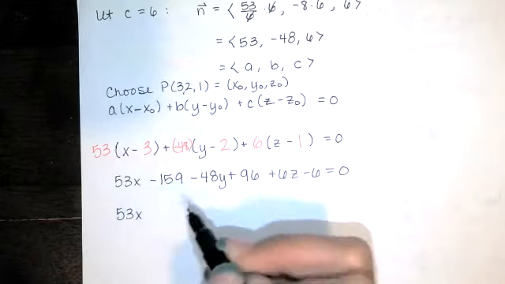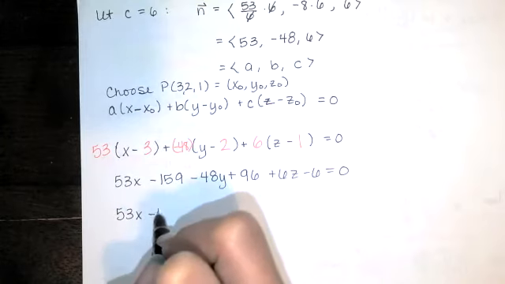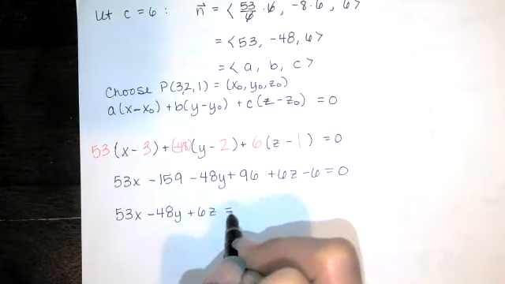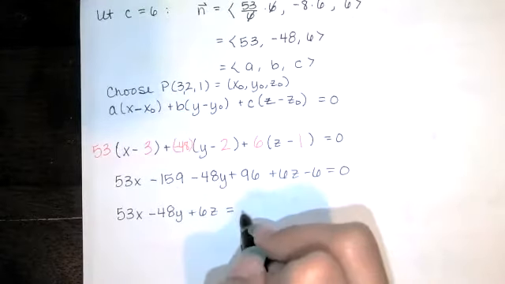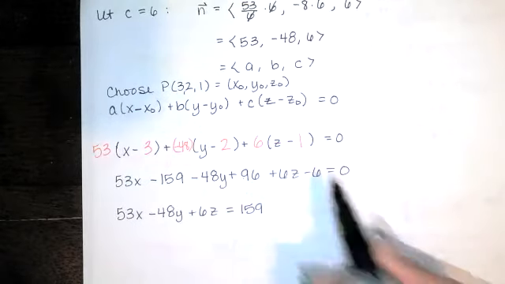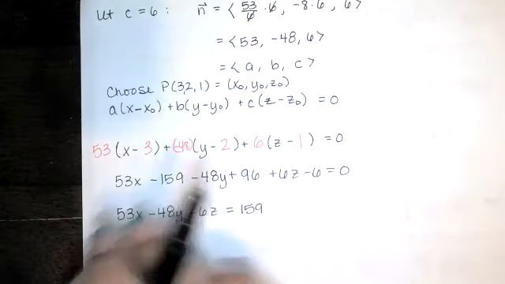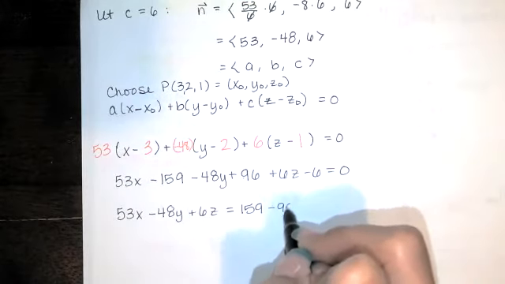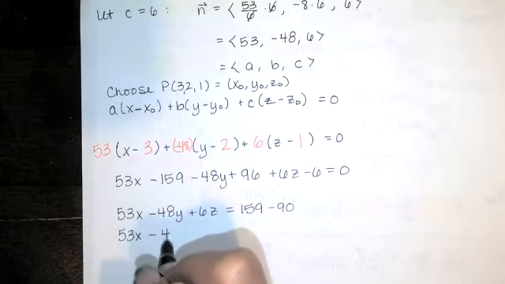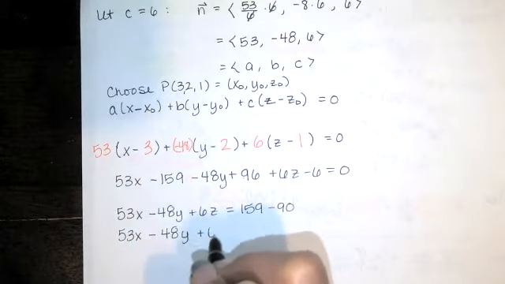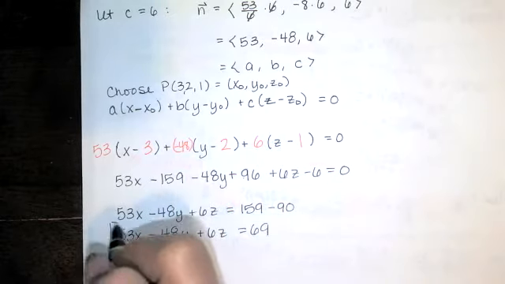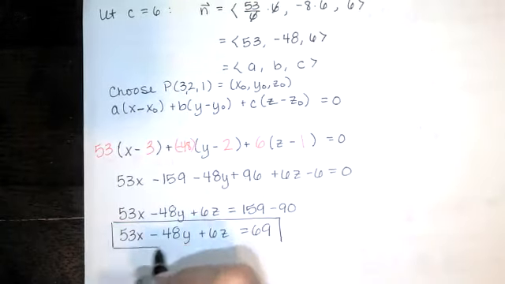So we'll have 53x here, and a minus 48y, and a plus 6z equals, and I'll move that 159 to the other side by adding it to both sides. And this 96 minus 6 is 90. I have a positive 90. I'll subtract that from both sides, and I get 53x minus 48y plus 6z happens to be 69. And that is our equation of the plane.